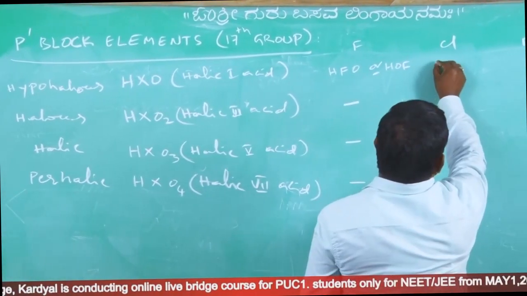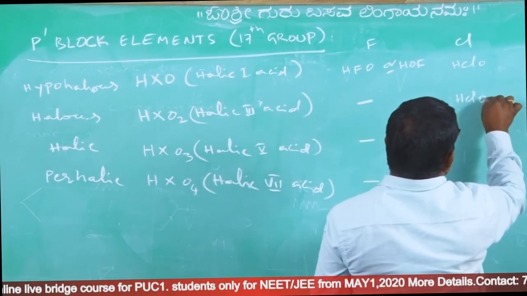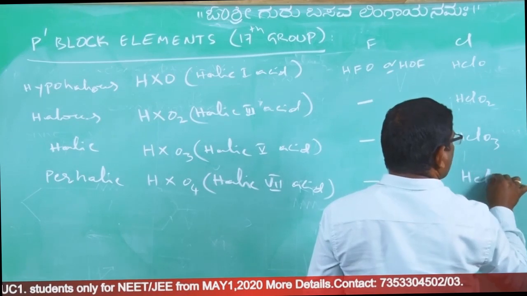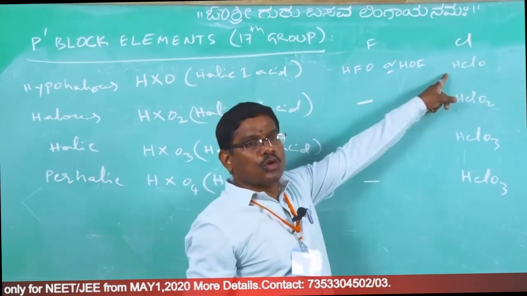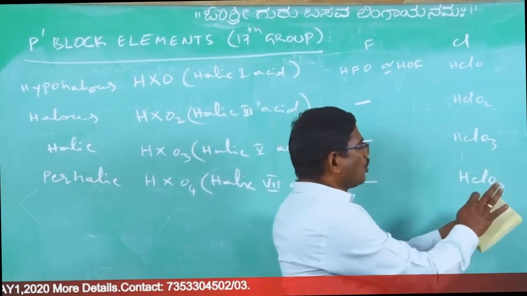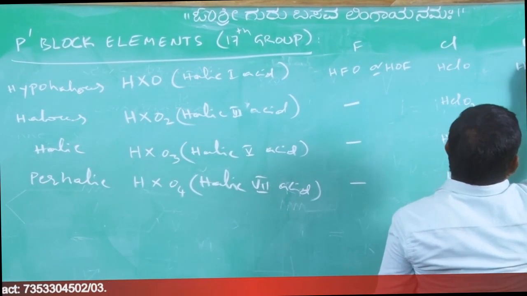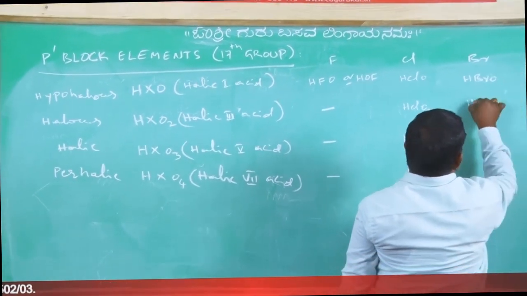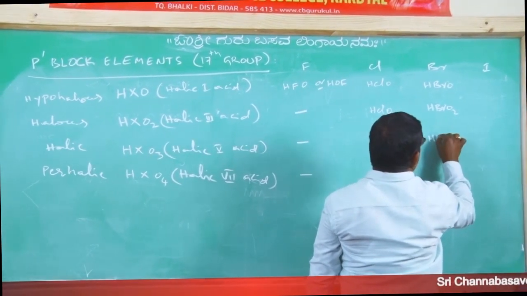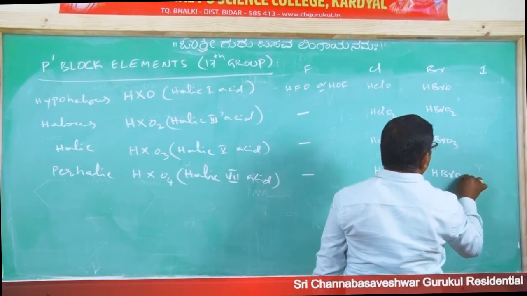Chlorine, if you come, it will be HClO, HClO2, HClO3, HClO4. Hypochlorous acid, chlorous acid, chloric acid and perchloric acid. If you come here, HBrO, HBrO2, HBrO3, then HBrO4.